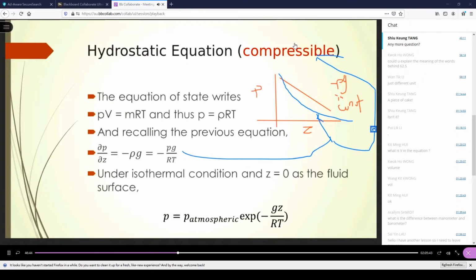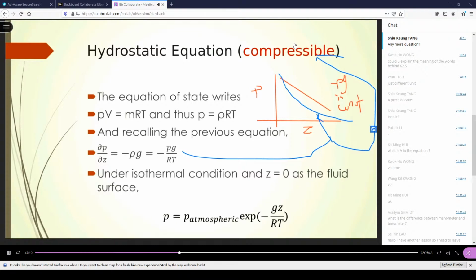Now if temperature is not constant and varies with z, this equation can still be integrated, no problem, once you're given how temperature varies with z. If it varies with pressure, that could be really difficult.